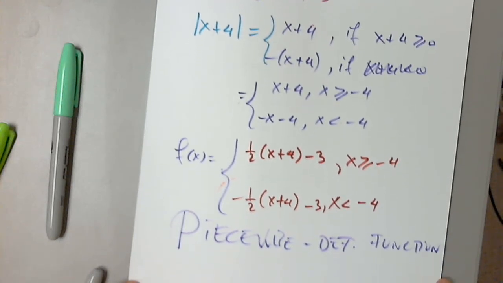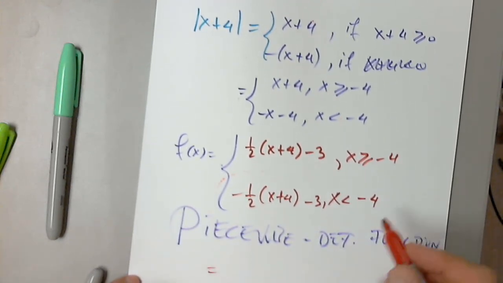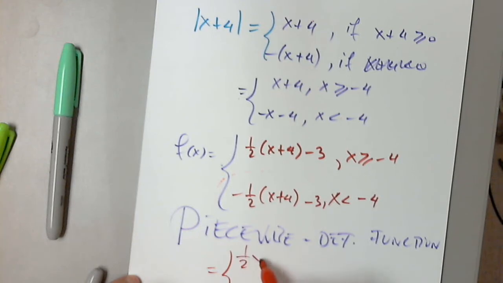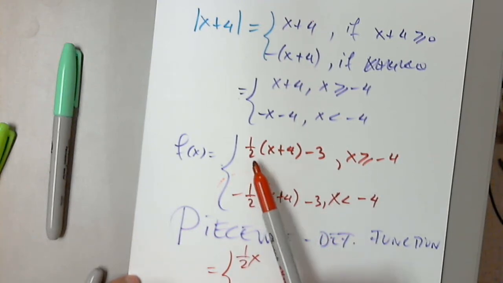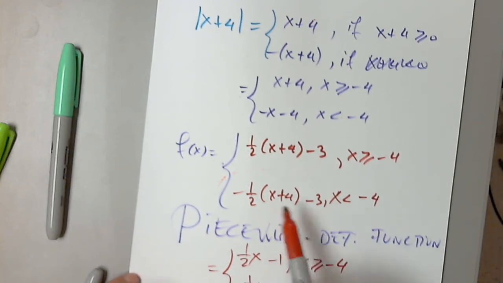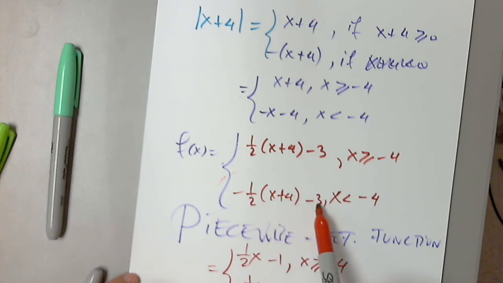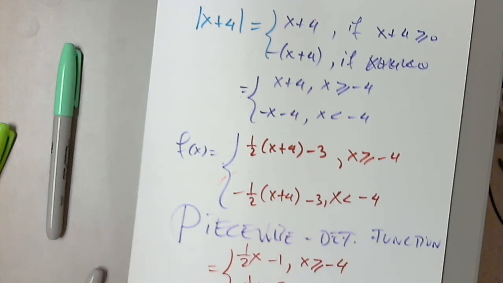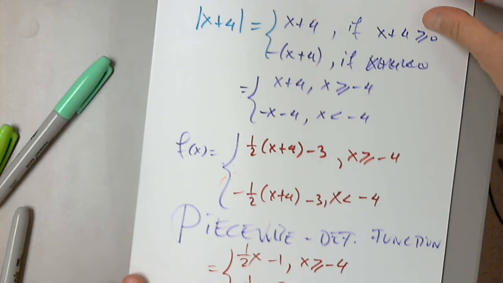Or finally, 1/2 x plus 2 minus 3, and negative 1/2 x minus 2 minus 3. So we simplify the function fully without absolute value, and now we are ready to graph it.